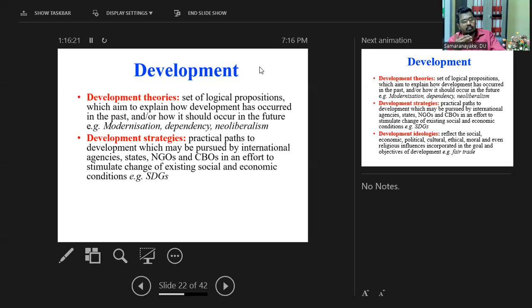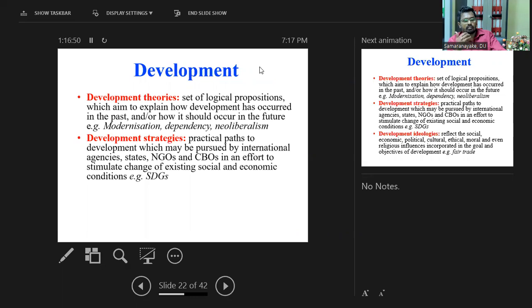How practical paths are used by different institutions and approaches, maybe the World Bank or some other organization, NGO, or agency, and how they use different strategies practically to improve or stimulate the socio-economic conditions of societies and countries.